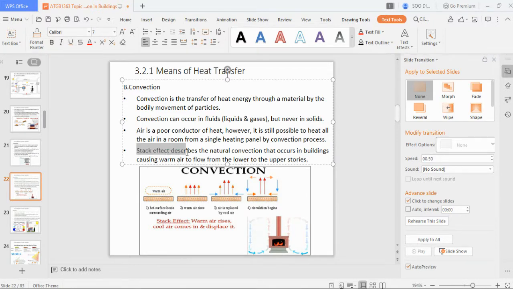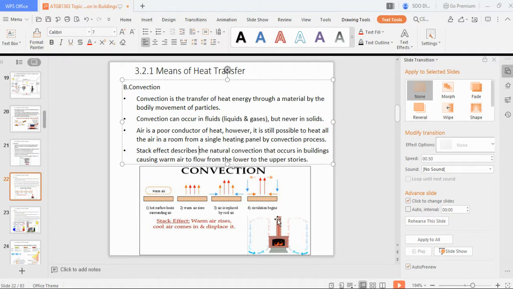So here, stack effect describes the natural convection that occurs in a building, causing warm air to flow from lower to upper stories. You will always find this stack effect present. Whatever is warm, usually air, will always rise to the top of the ceiling or the top of your building.